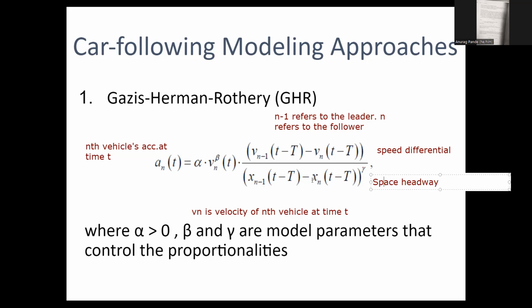Not quite. So capital T stands for the reaction time. So basically what we're saying is that your nth vehicle's reaction at time t will depend on what was happening at time t minus capital T, right? Because their acceleration at time t will be governed by what they saw capital T ago.